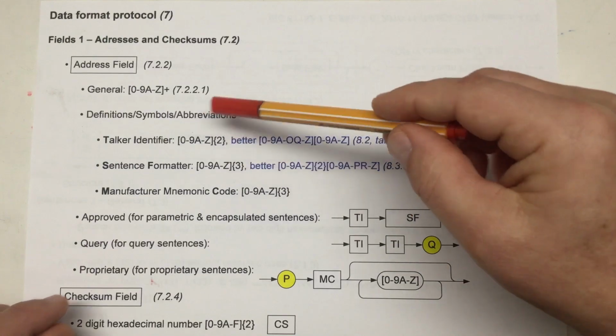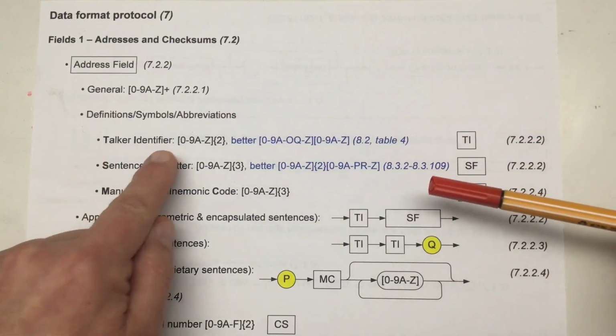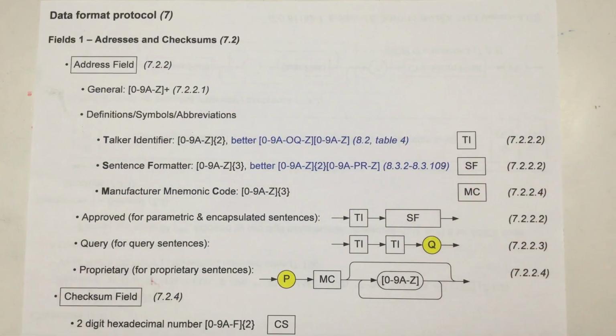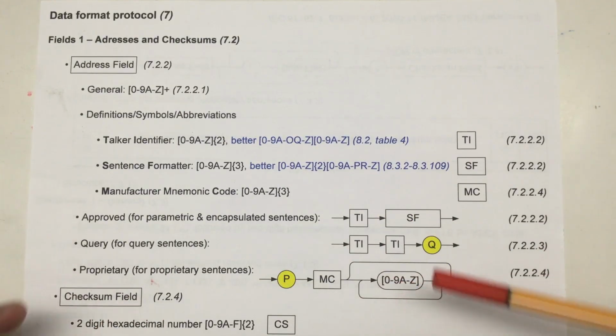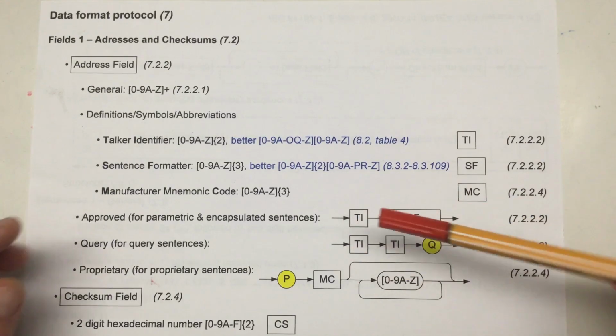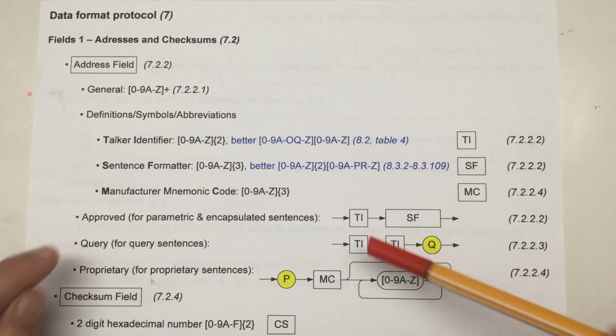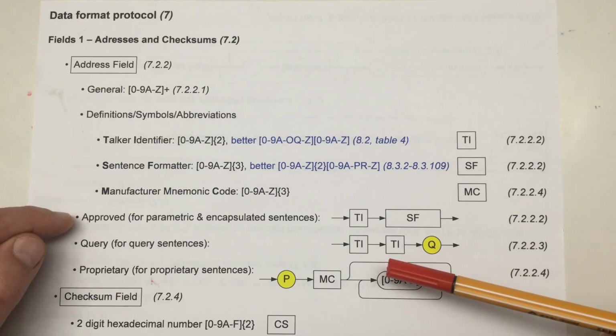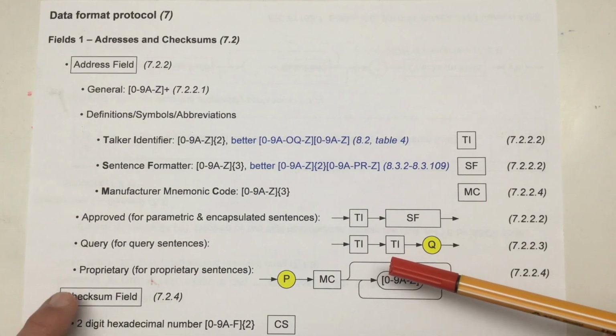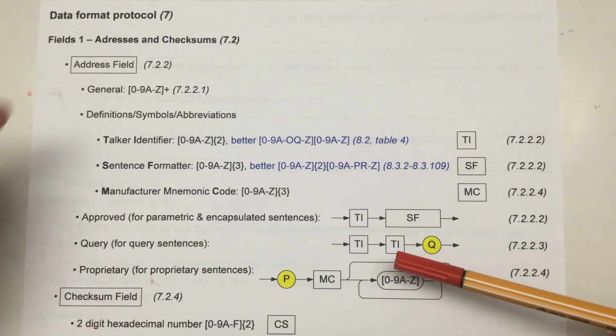Doubling back here now to the blue part of the talker identifier definition. So, proprietary address fields always start with the letter P. Fact is, talker identifiers never start with the letter P, allowing you to distinguish between approved and query address fields and proprietary address fields.